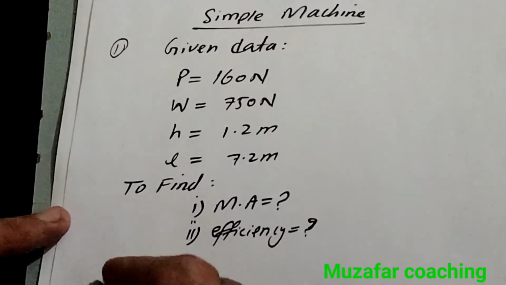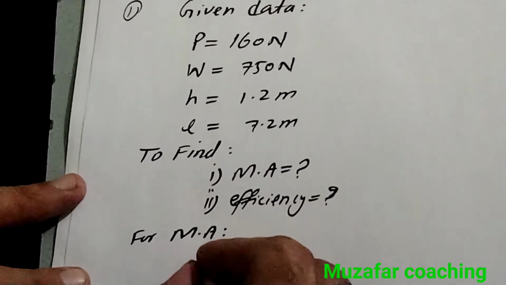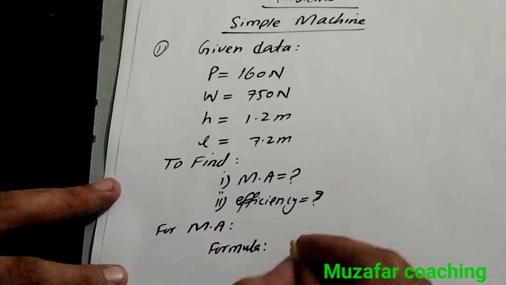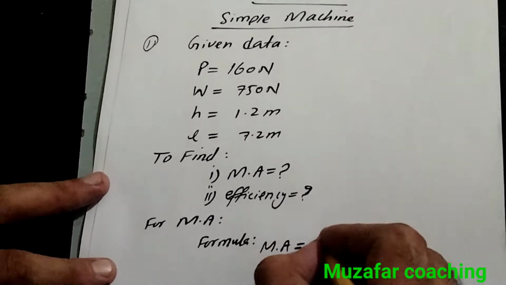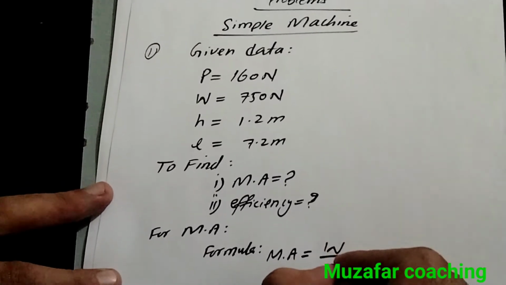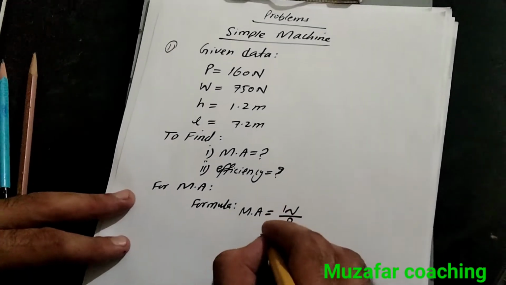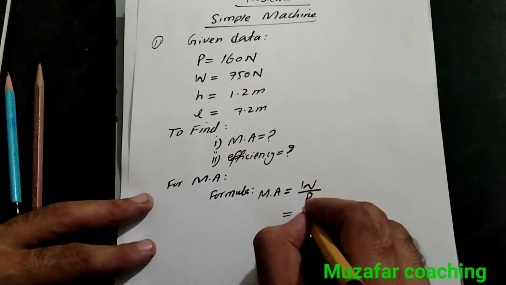So we will be using formulas. What is the formula to find mechanical advantage? To find mechanical advantage we have the formula W upon P. Here W is weight, and P is effort. So we will be putting the values.